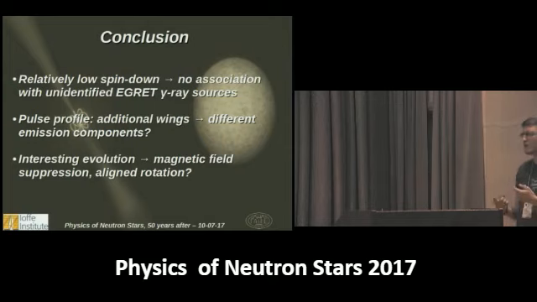That's why we have 3 nearly aligned lines, and therefore we might deal with the rare case of a nearly aligned rotator. And of course, the discovery of more such pulsar binaries can shed more light on the evolution of such binaries, as well as accretion efficiency of these binaries. Thank you.